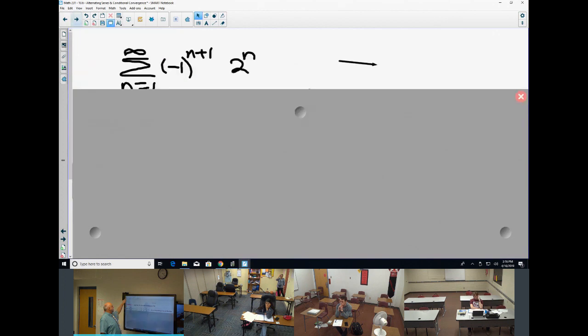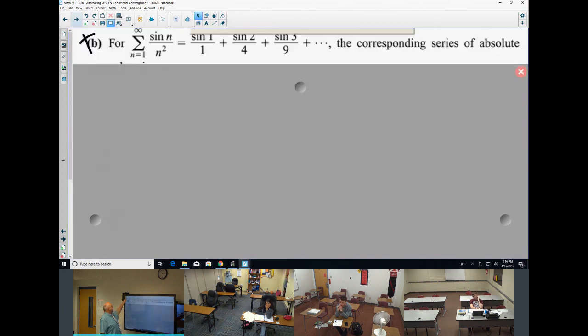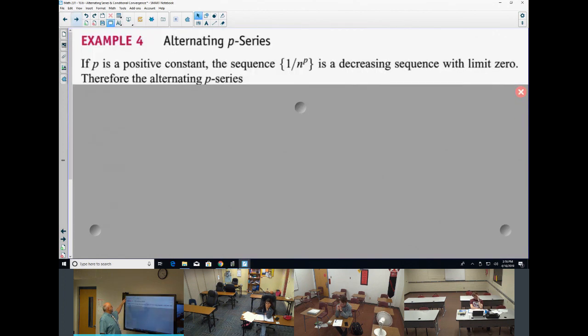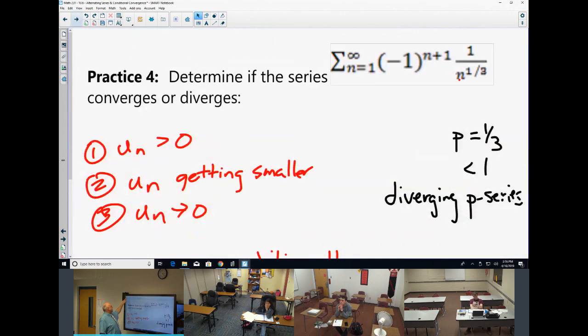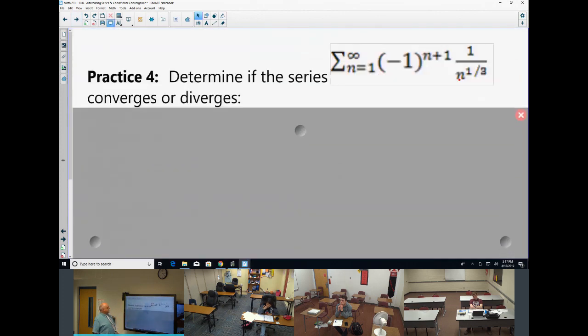All right. So let's look at this one. It says determine if the series converges or diverges. So again, what we can do is ignore the alternator and just test this series.